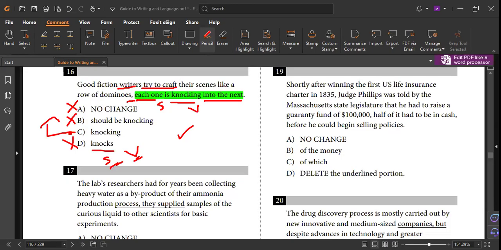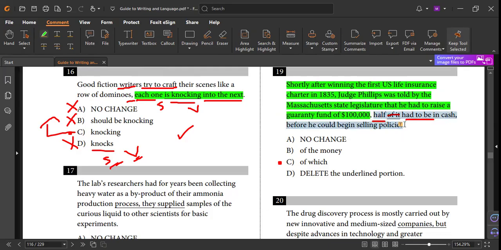19D, no, 19 is C. Why? It's a comma splice. If you delete it, you will find it has a subject and then a verb. So it's a comma splice. The first part, this part, is a complete sentence, and we have a comma here.